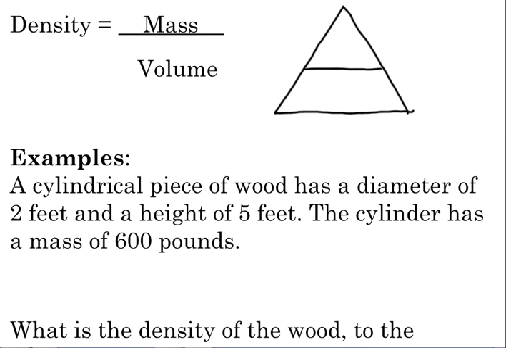Again, if you've learned it in your science class, you take a triangle here, you've got D, M, V, like where you go to get your license. Your line right here means divide. So if you're looking for density and you have mass and volume, density is mass divided by volume. If you're looking for volume, volume is mass divided by density.